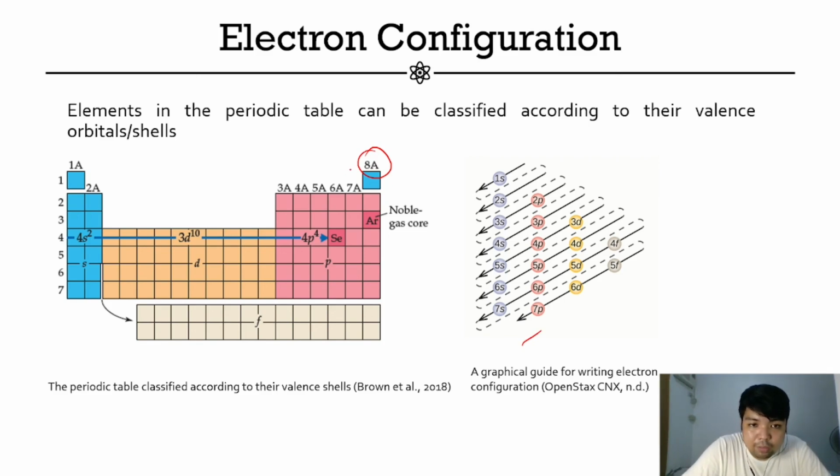It follows the Aufbau principle from here. Then, from 3p, instead of going to the 3d in accordance with the Aufbau principle, it actually goes to the 4s, then to the 3d, then straight to 4p, and so on. That is a phenomenon observed in period 3 elements going downward.